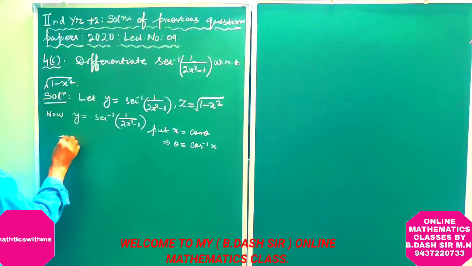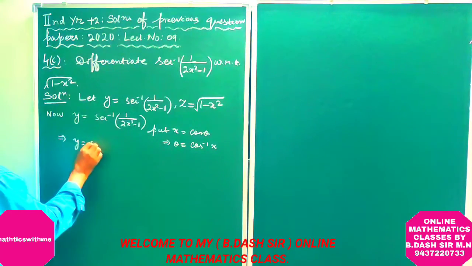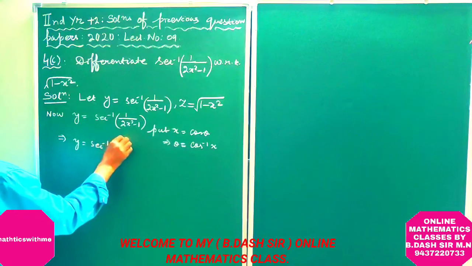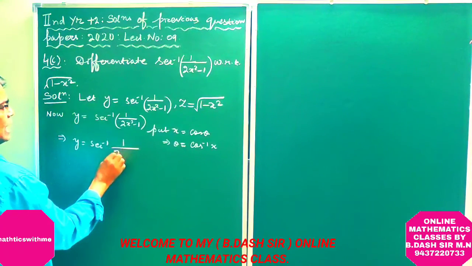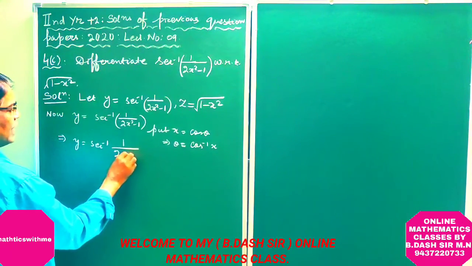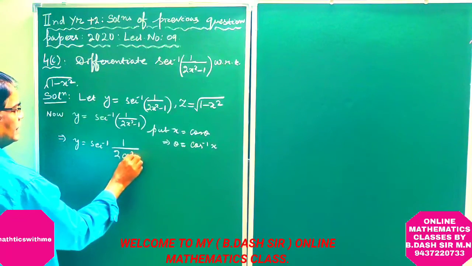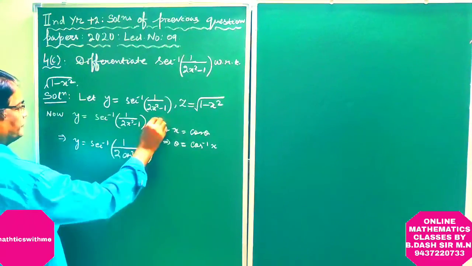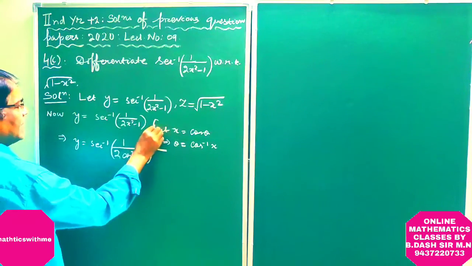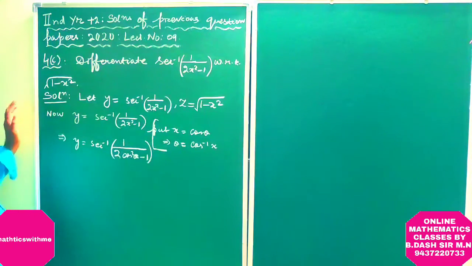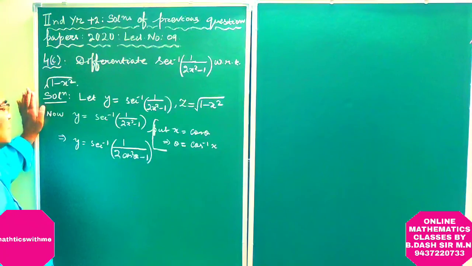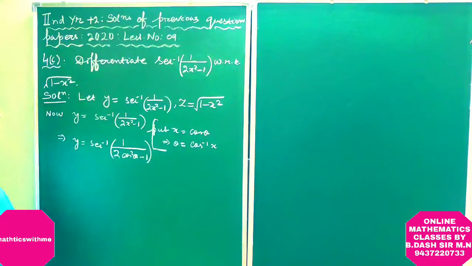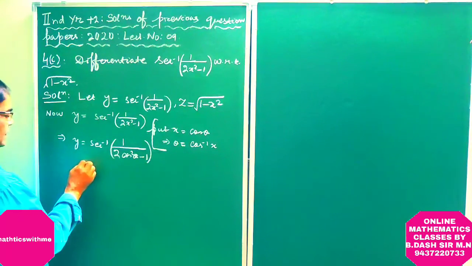So this implies y is equal to sec inverse of 1 by (2 cos² theta minus 1).